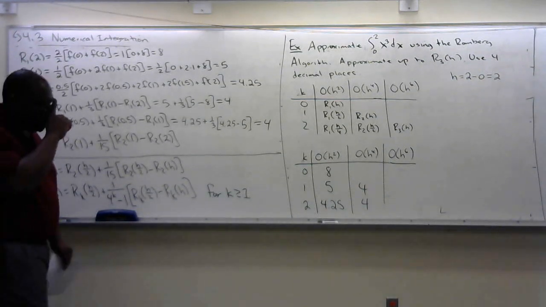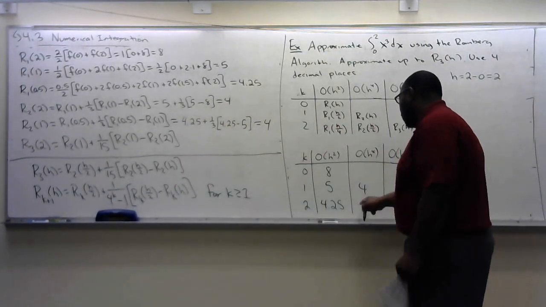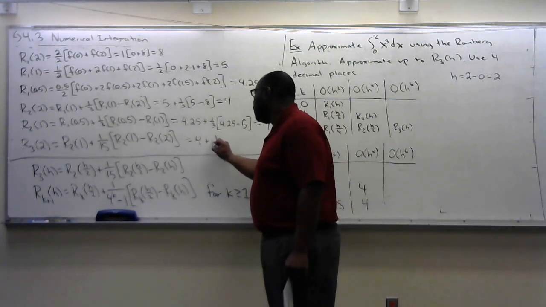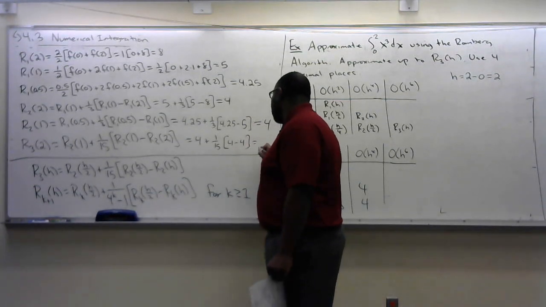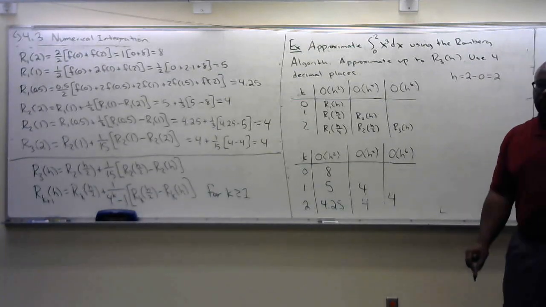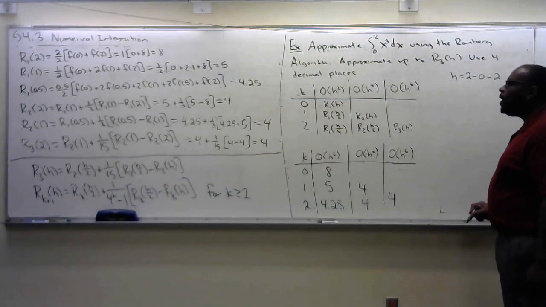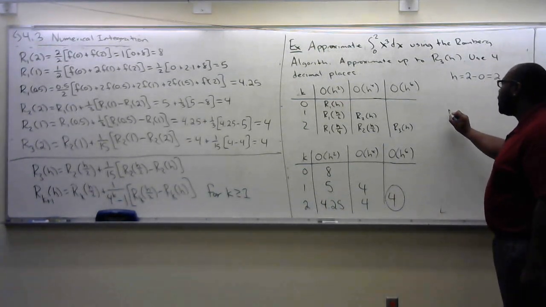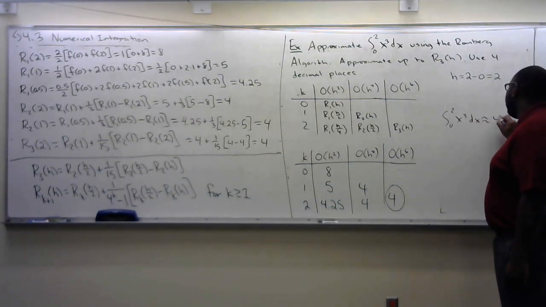Plug that in. It'll be 4 plus 1 over 15 times the quantity 4 minus 4. I think 4 is the answer. So we get that R sub 3, this is my best approximation right here. So I can say that the integral from 0 to 2 of x cubed dx is approximately equal to 4.